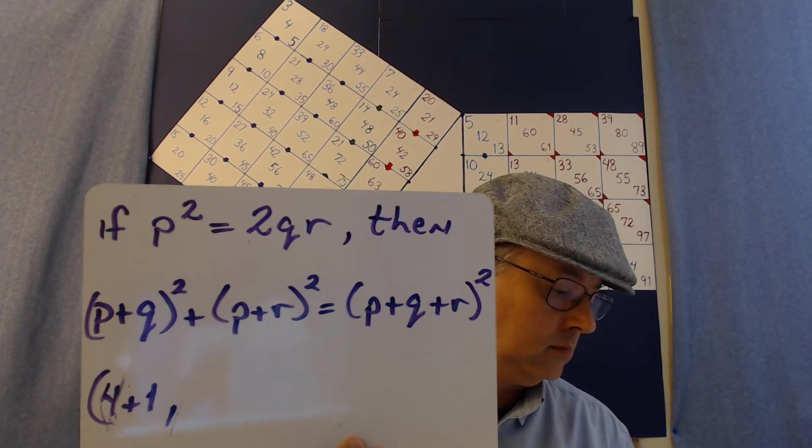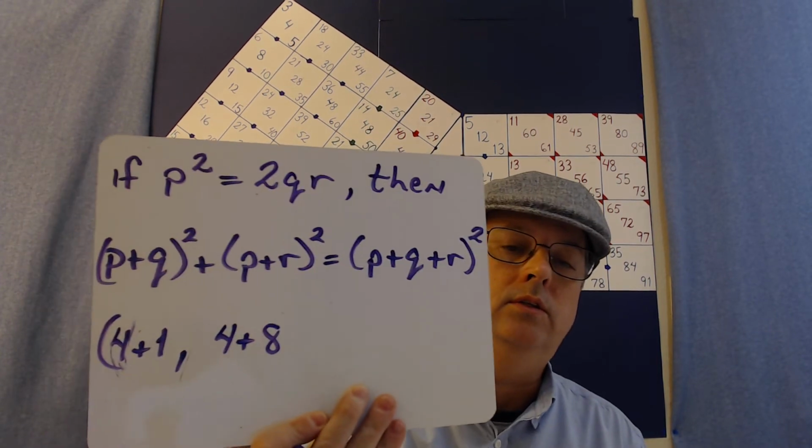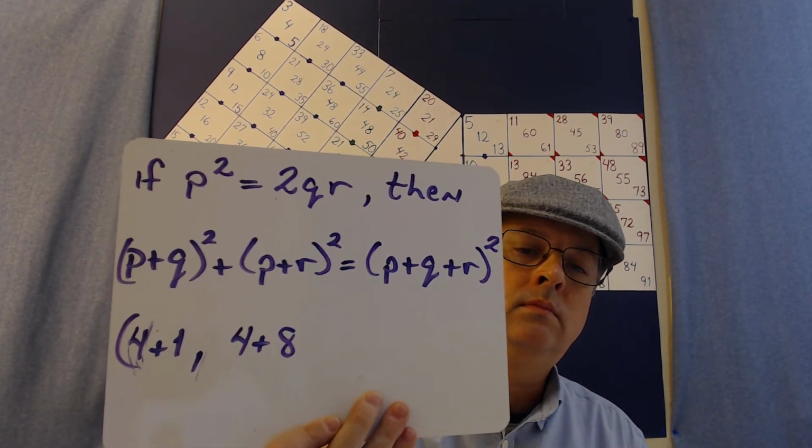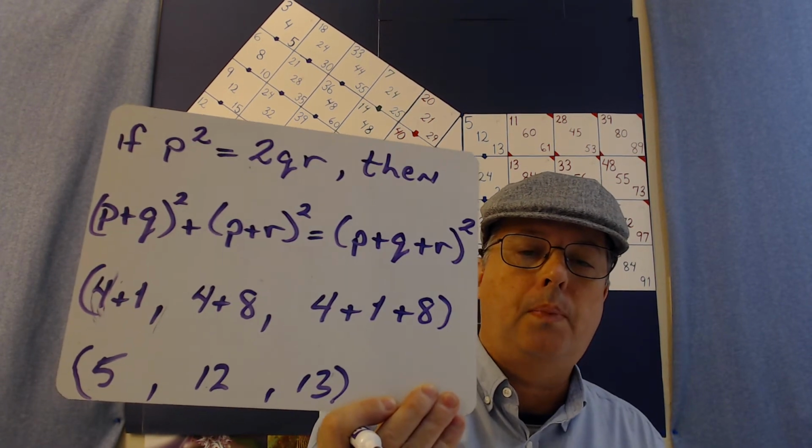We'll take the p value, which is 4, plus 1, which is the q value, and then we have 4 plus 8, which is the r value, and then we would have 4 plus 1 plus 8, and now we have the 5, 12, 13 Pythagorean triple.